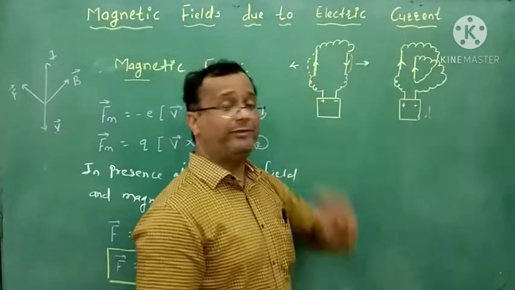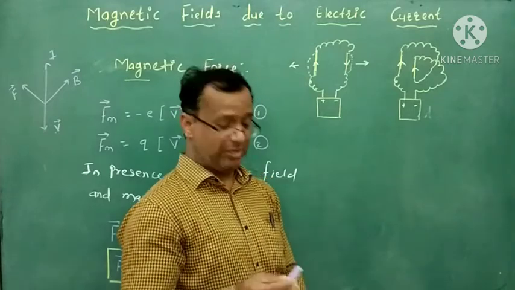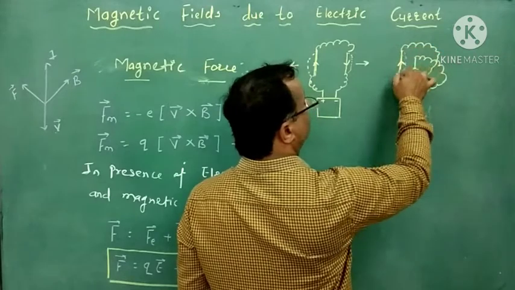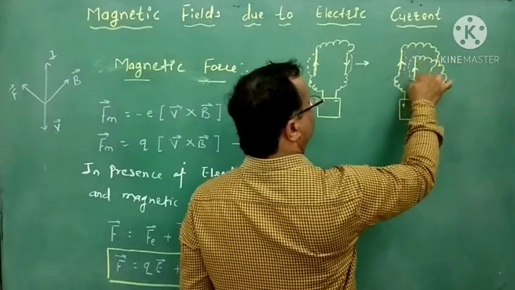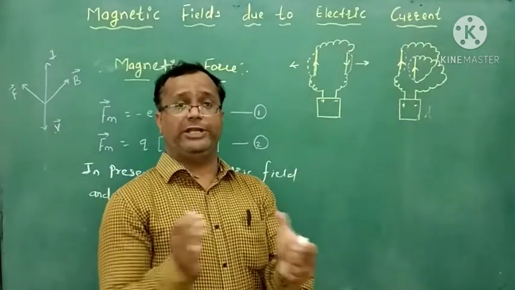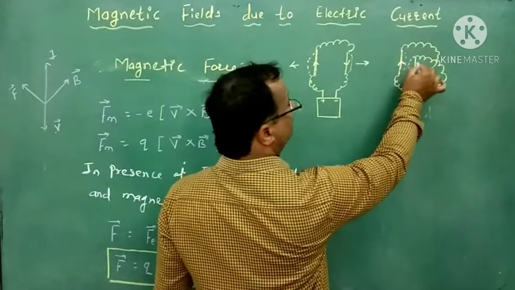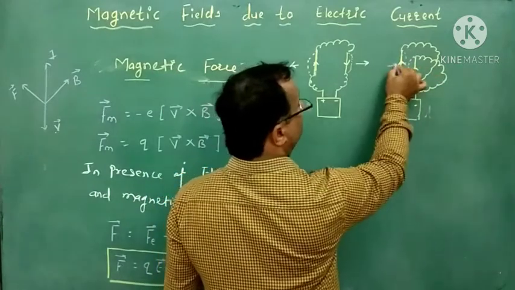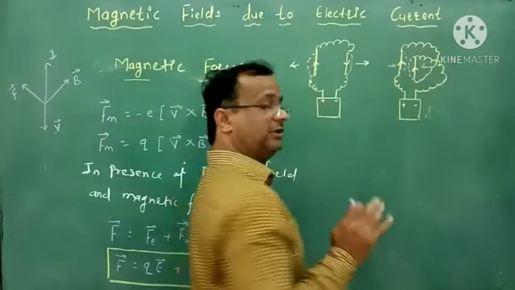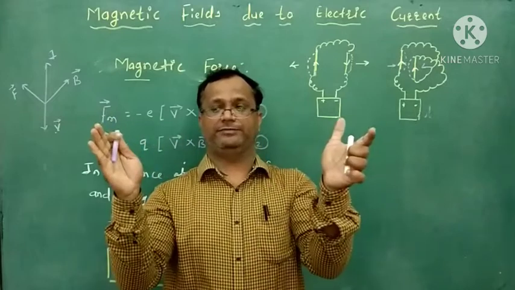At that time, in between these two conductors, again a force is produced. But here, the direction of that force is just like this one. What happened? Here, the direction of force is towards each other. It means that now both the conductors move towards each other. Now this conductor moves along this one and this one along that.